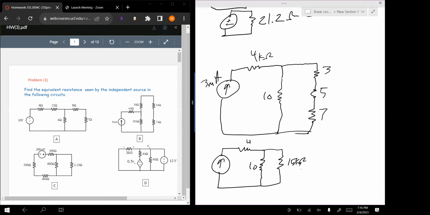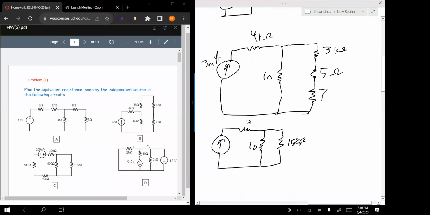Notation only really matters if there's a difference in notation, right? So if we had 4 kilo ohms, or this was 3 kilo ohms and this was just 5 ohms, that's a totally different thing, right? Anyway, 1 over R equivalent is equal to 1 over 10 plus 1 over 15. I'm just going to punch that into my calculator.